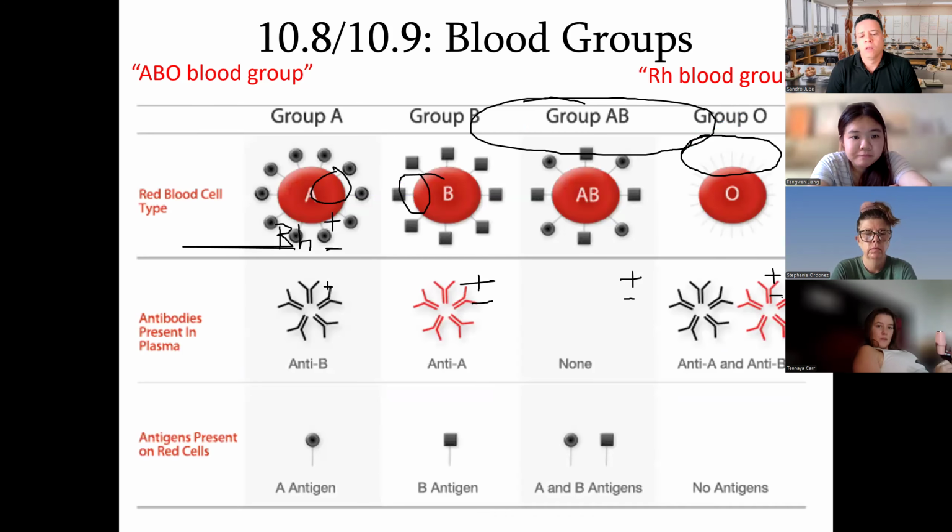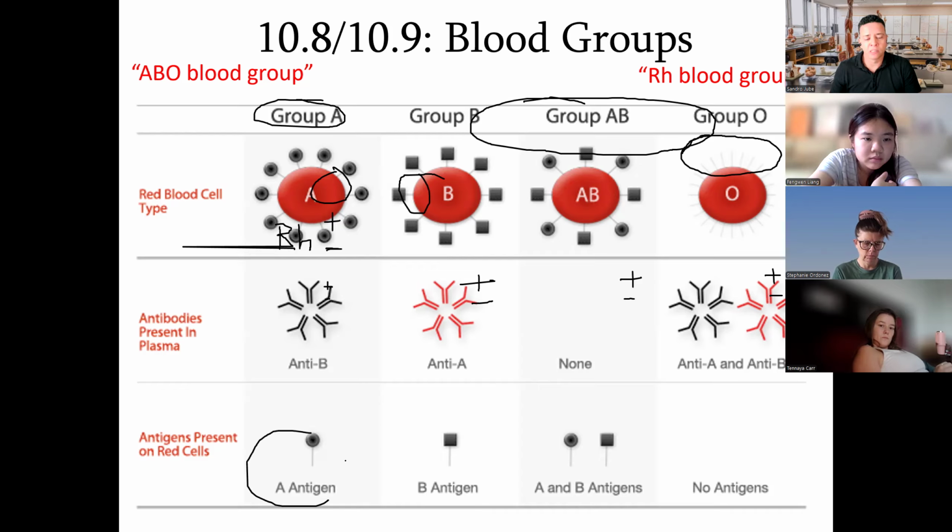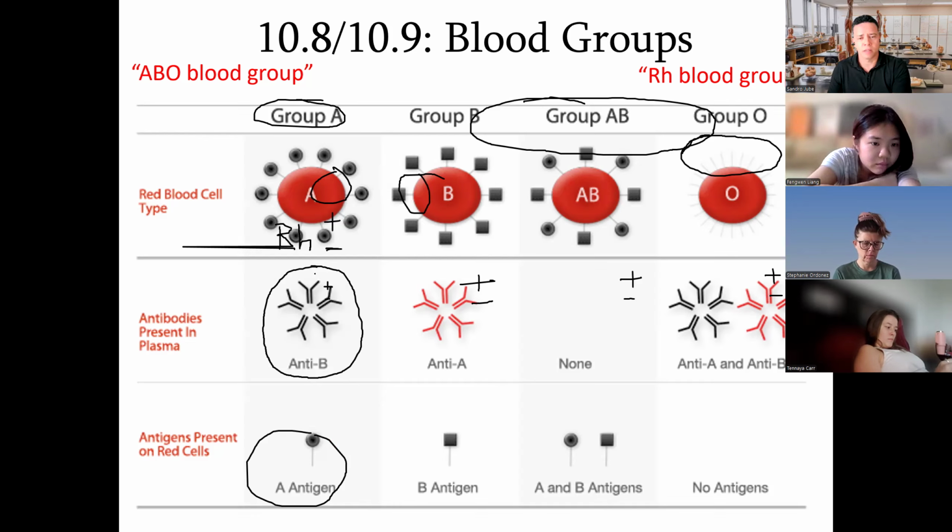Now, when we talk about blood group type, not only do we need to worry about the antigen, the surface marker on the red blood cell, we also need to be concerned about the antibody that is circulating in the plasma of that individual. Okay? Because when you are a type A and you have the A antigen on the surface of the red blood cell, automatically, you're born this way, you will have antibodies against the B antigen, what we call the anti-B antibody.